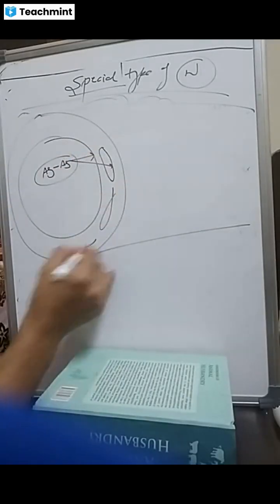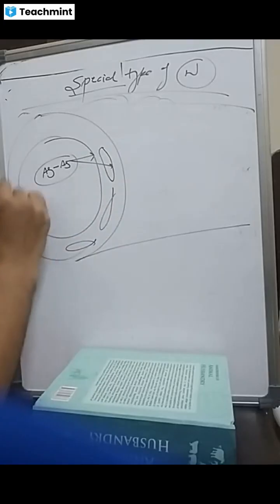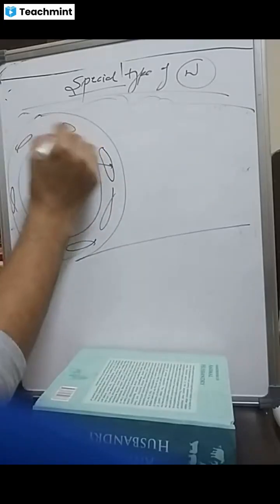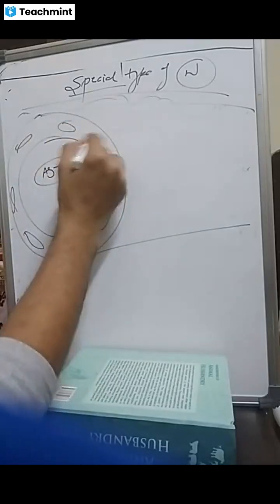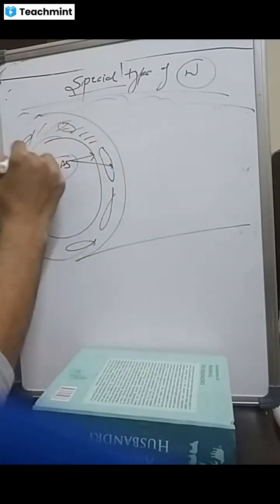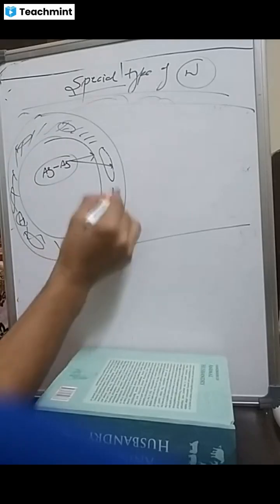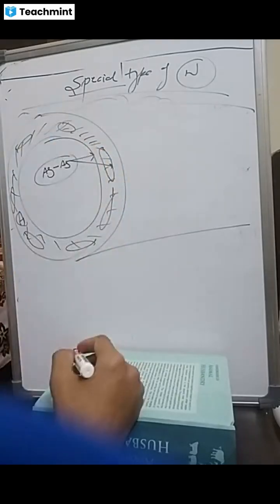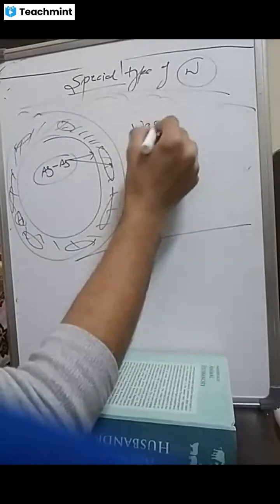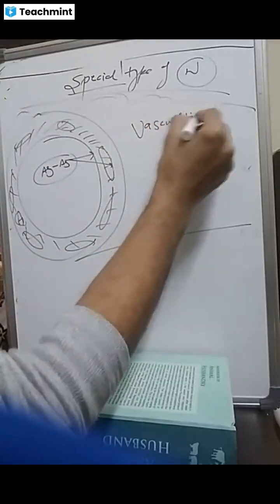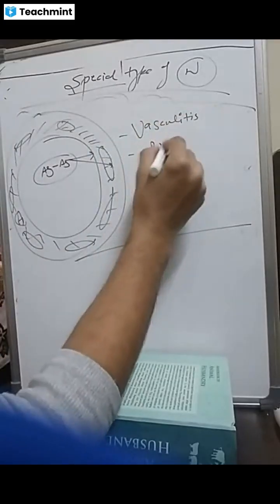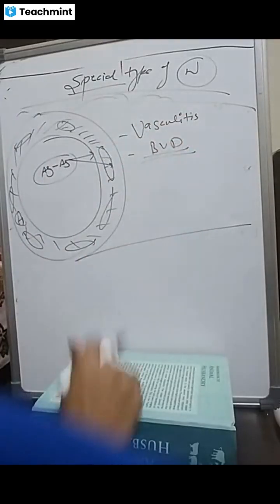This is the tunica media. So antigen-antibody complex deposit in the wall of the blood vessel, and this is seen in vasculitis. This is seen in bovine viral diarrhea.